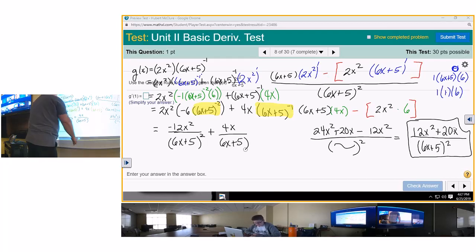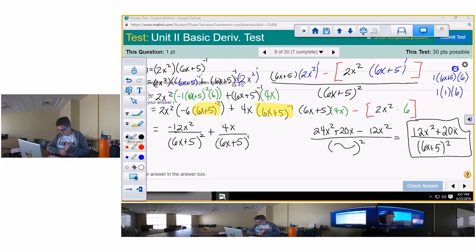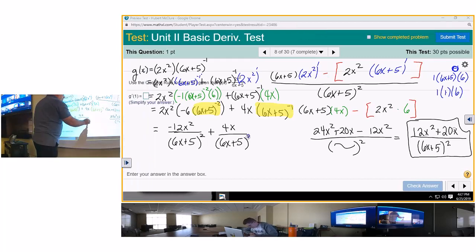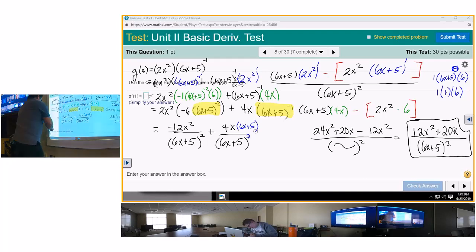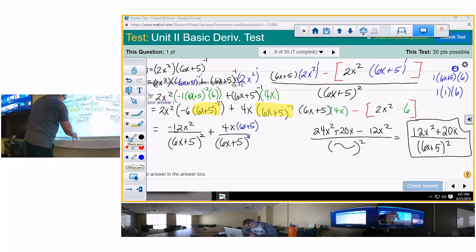Well, we got to have a common what? Denominator. Thank you. So I got to make this into a 2, so I got to multiply by another 6x plus 5 up here. And that's going to give me all over one denominator, which is 6x plus 5 squared.